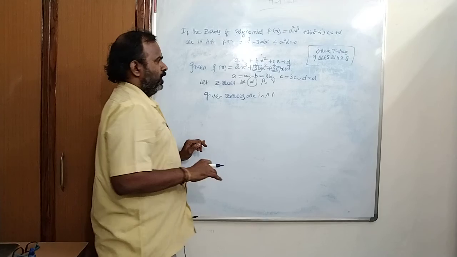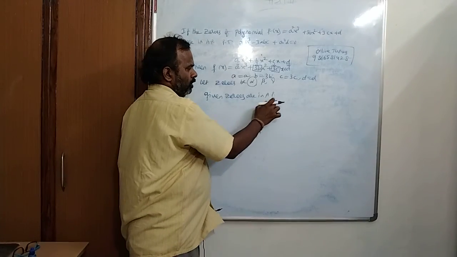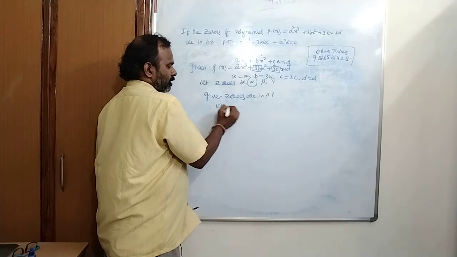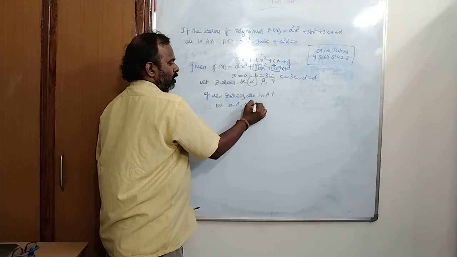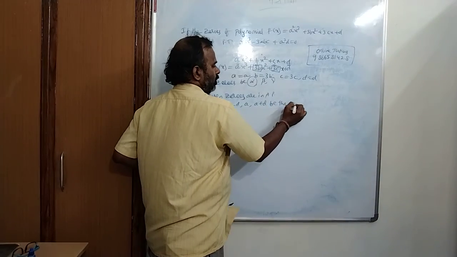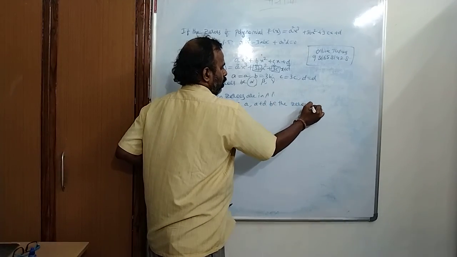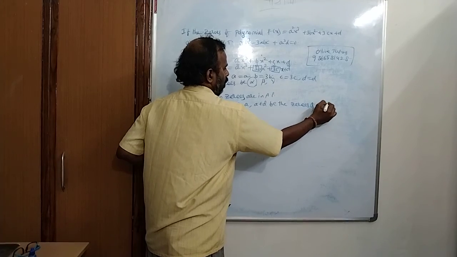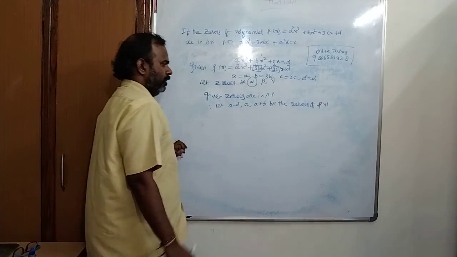Now, as in the previous problems, given the zeros are in AP, let a minus d, a, a plus d be the zeros of the polynomial f of x.